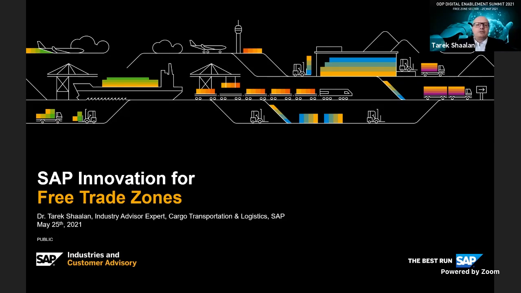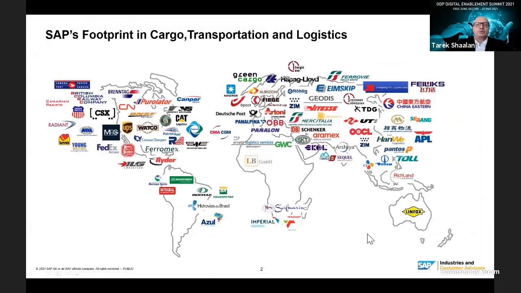Good afternoon, ladies and gentlemen, and welcome to our session, SAP Innovation for Free Trade Zone Sector. I'll start the presentation by showing the SAP global footprint in cargo, transportation and logistics, and our experience and customers, which cover every part of the globe.